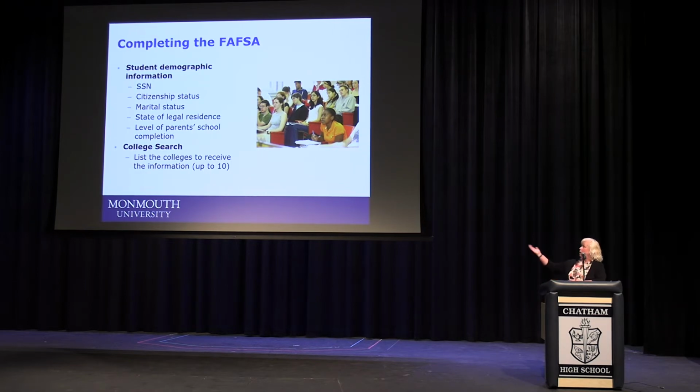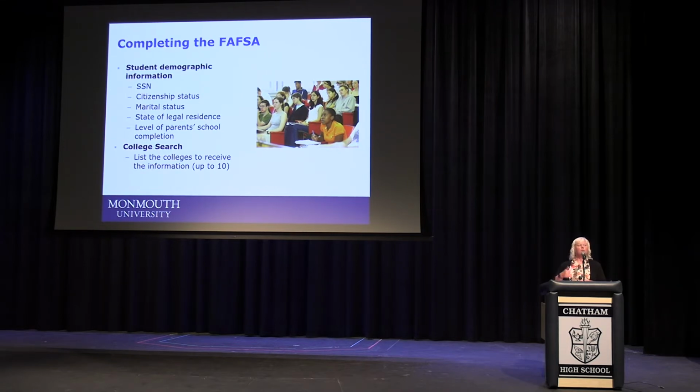You'll be able to list up to 10 schools when you complete the FAFSA. If your student is looking at more than 10 institutions, this is what you need to do. Fill it up with 10, let it process. It will take a few days for processing. You'll be notified when it's done.